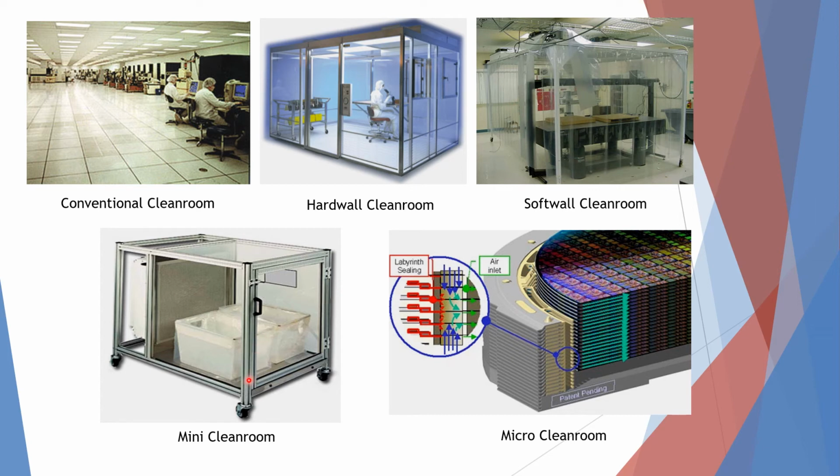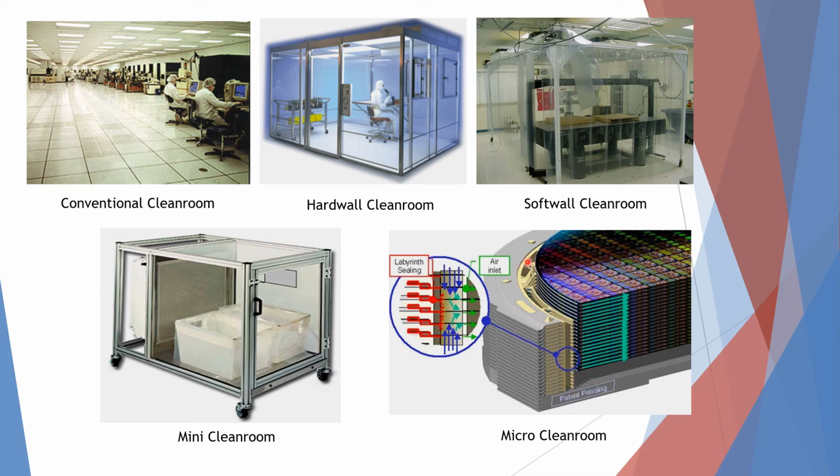And another one is the mini clean room. This one is particularly used if it is needed to work on a certain product in that area. If you can see, it is a very small area, so that's why it's called a mini clean room. And then another one is the micro clean room.